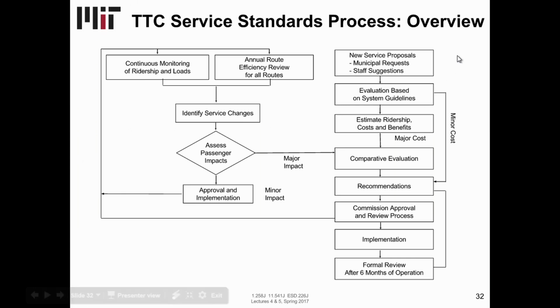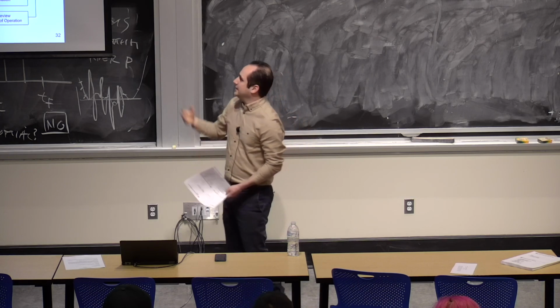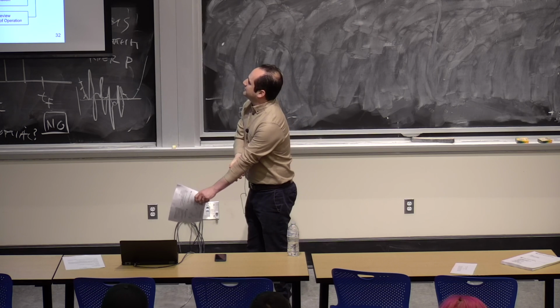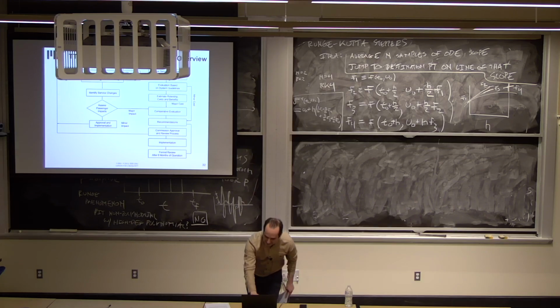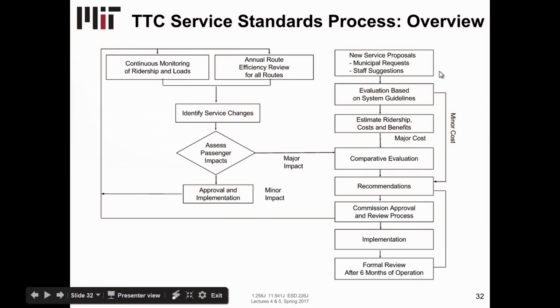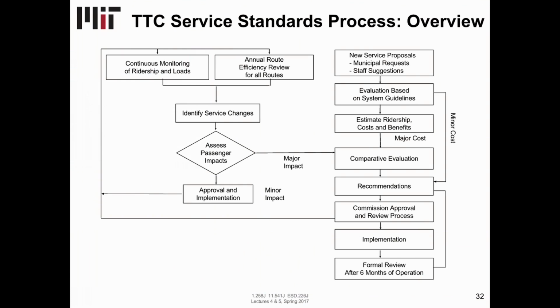This gives you an overview of the different tasks that are done, starting with a set of proposals and making the decision on which ones to implement. If you look at the column on the right, it deals mostly with decision making on the new service proposals.